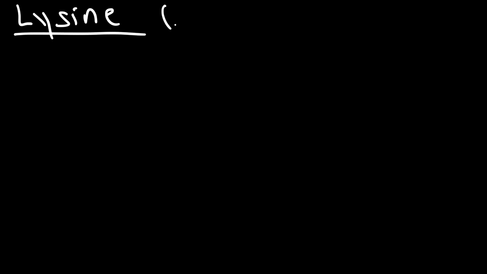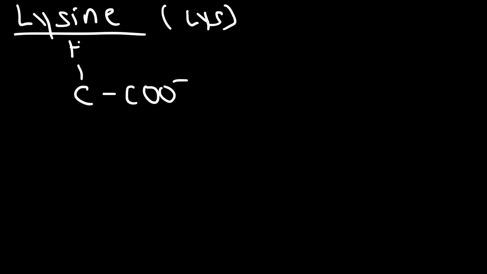Now the next structure that we're going to consider is lysine. Abbreviation LYS. So like every other amino acid, lysine is going to have a carbon, a carboxylic acid functional group, a hydrogen, and an amine group.